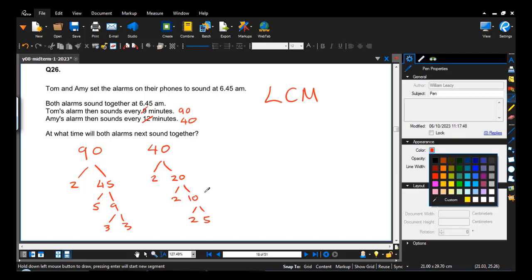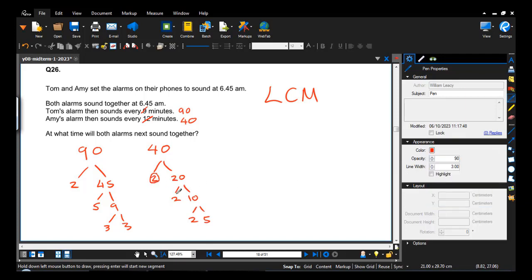So we'll circle the primes. So this is equal to 2 times 3 times 3 times 5. This one is 2 times 2 times 2 times 5.